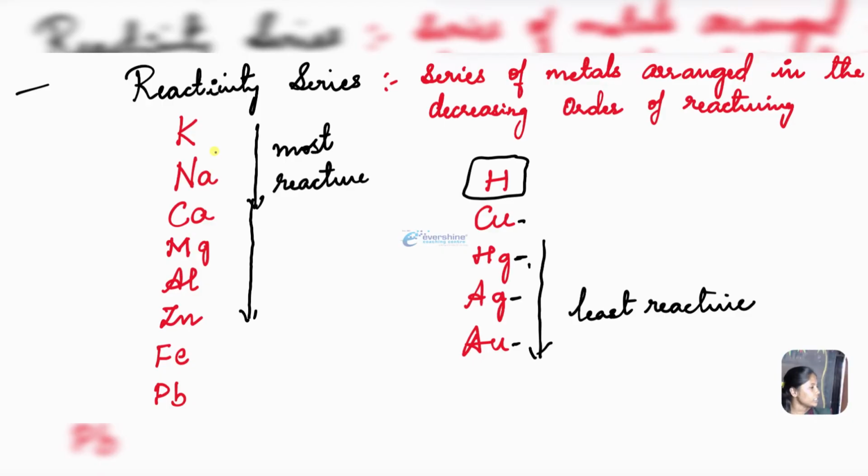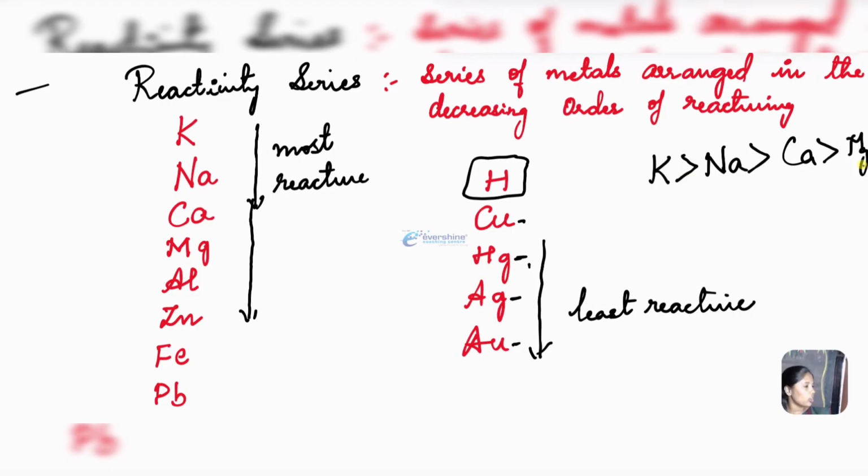So in this, they'll ask objective type questions. They'll give four metals. For example, K, Na, Ca, Mg. How will you put arrow marks from more to less? Potassium is more reactive than sodium. Sodium is more reactive than calcium. Calcium is more reactive than magnesium. This is how you need to arrange in the decreasing order.